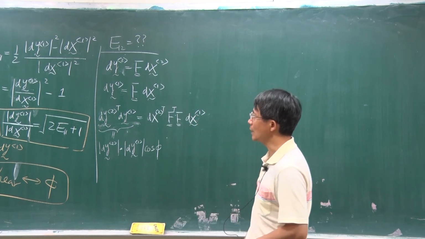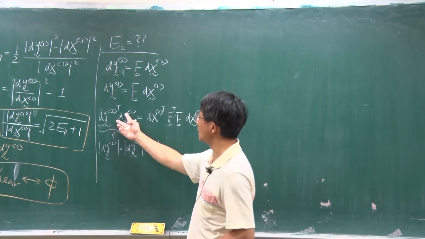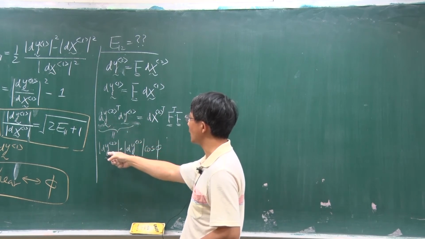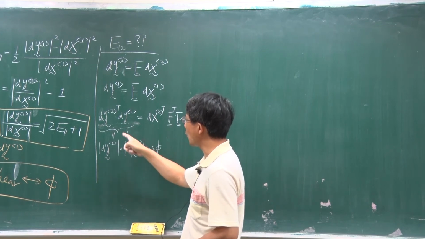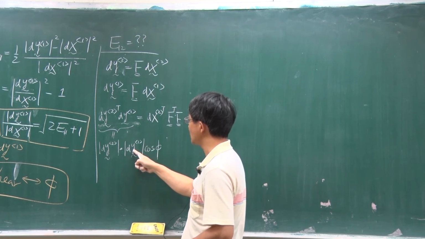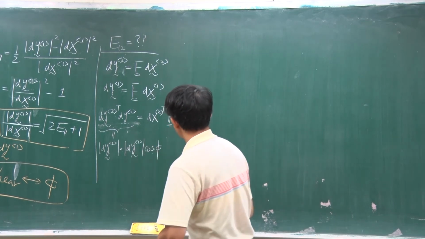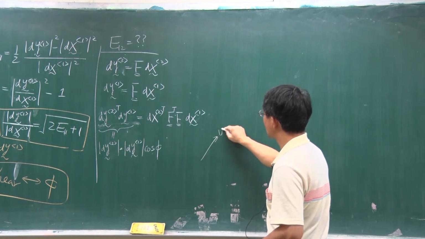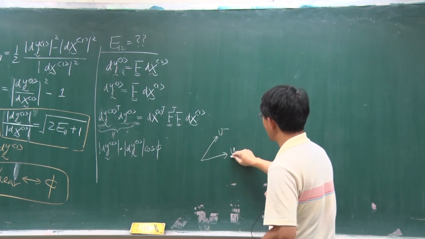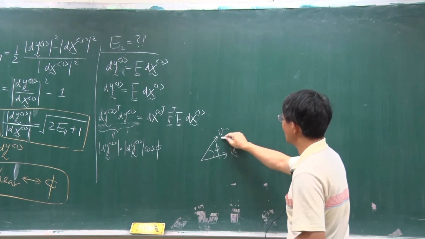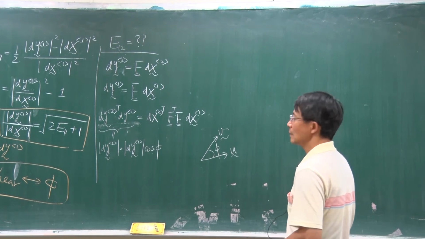We have two vectors, and taking the inner product, the result is the product of the lengths of these two vectors times cosine phi. Let me refresh your memory once again. What will be the result here? We have two vectors.